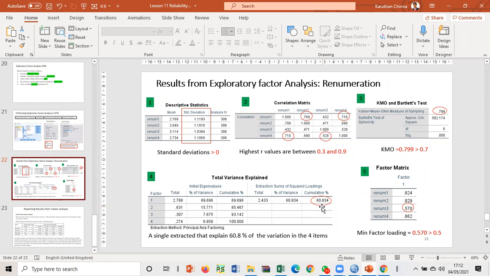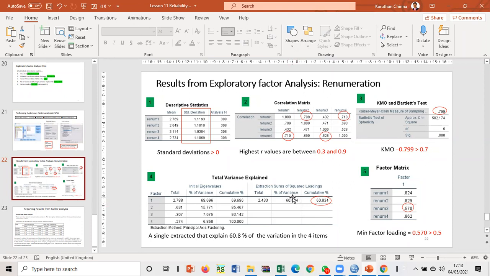R square is percentage explained variation, isn't it? Yes, it is.